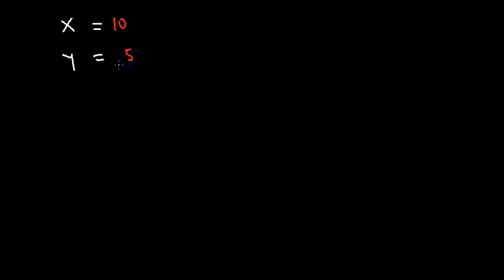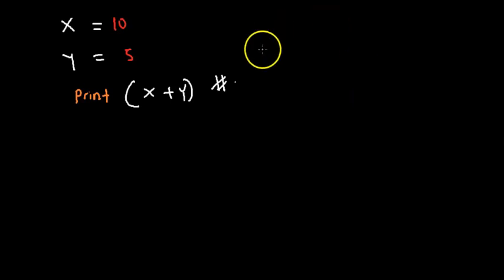So on Python, to input these values, this is how to go about it. We are simply going to say print, open bracket, x plus y, here is going to be a hash symbol, and this is simply going to be addition.